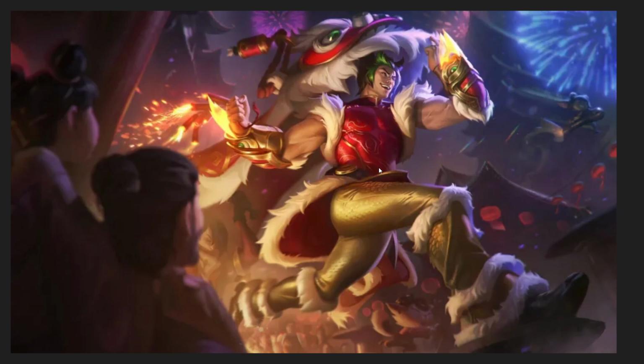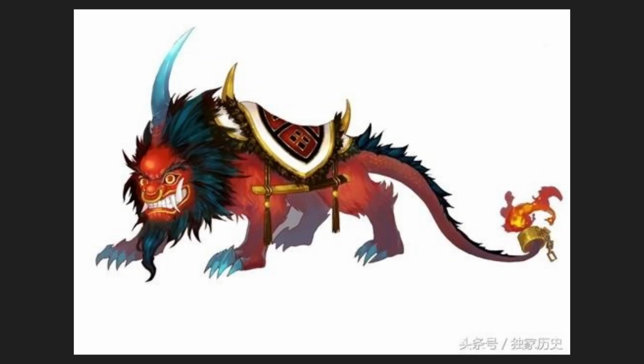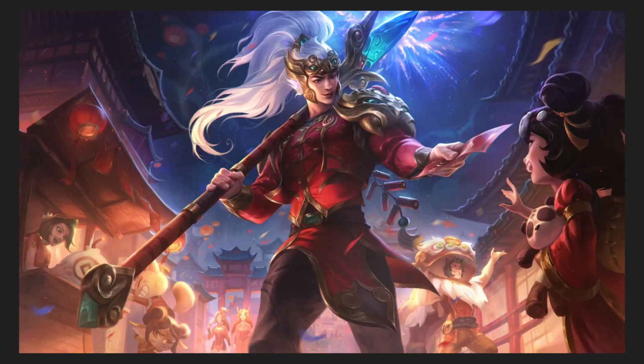Gold is representative of wealth and prosperity, and it's also the color of happiness, especially in the context of celebrations. And then you have fireworks and other things going on that say it's a New Year's celebration.